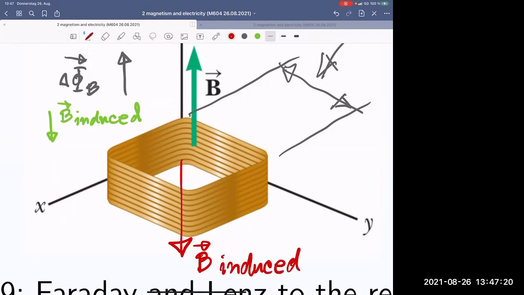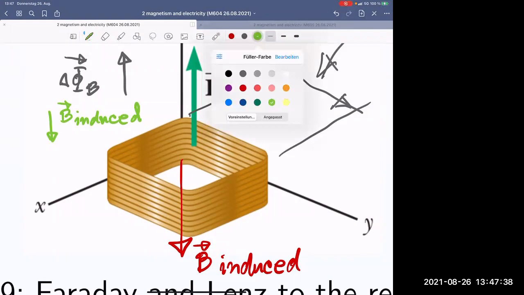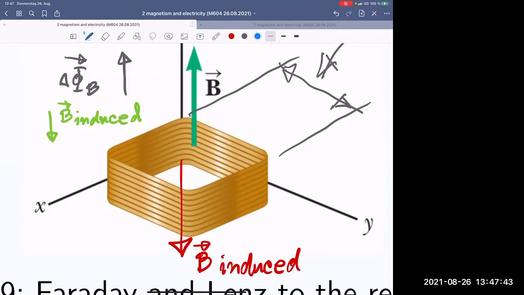And of course, we will apply the right hand rule to get the current direction. You lay down your thumb pointing downward, you get the remaining four fingers' direction like this, right? The current is gonna move in this direction, like this.